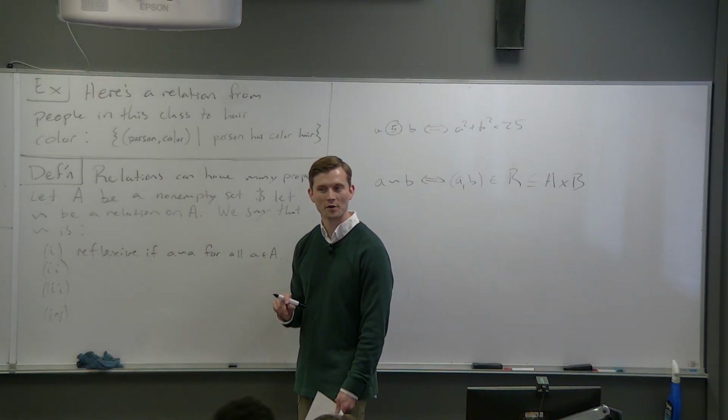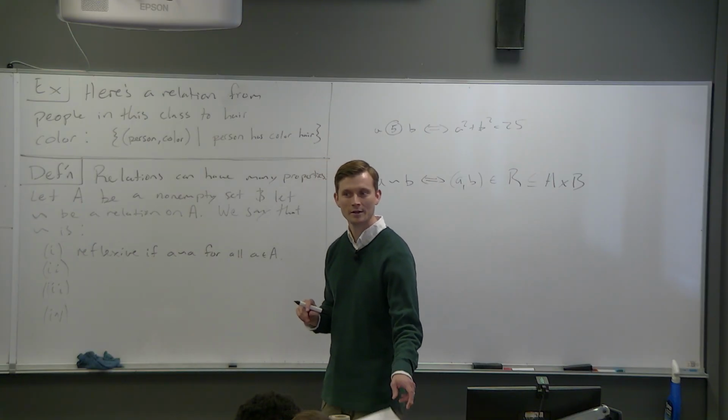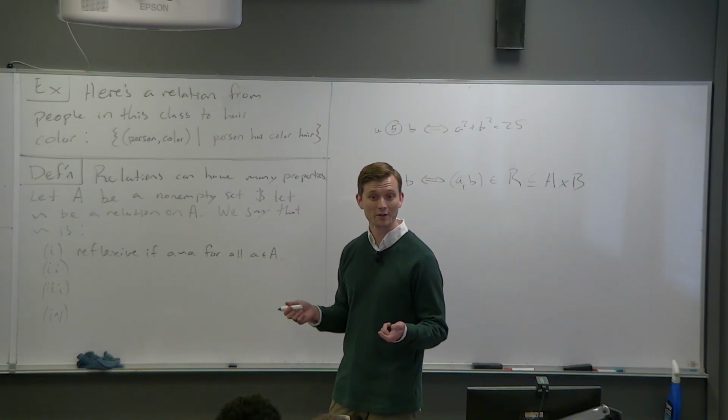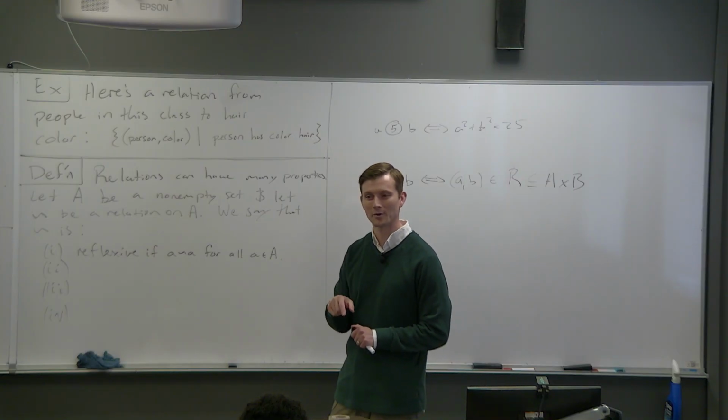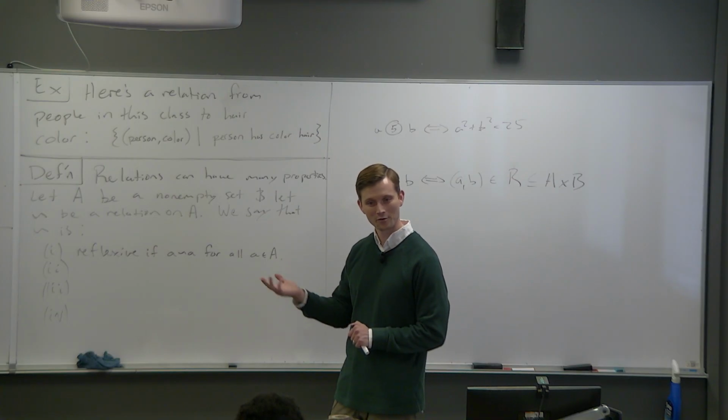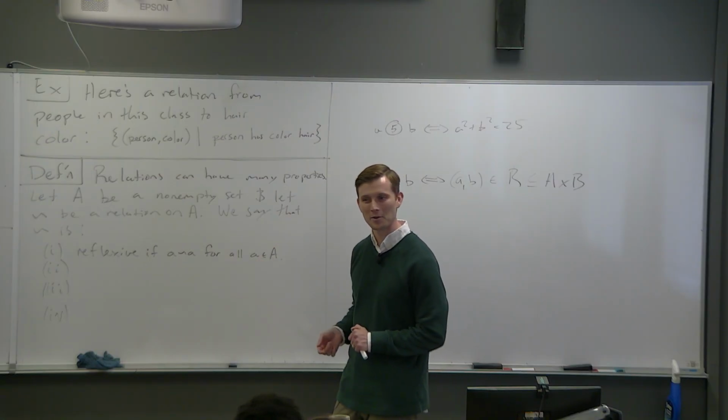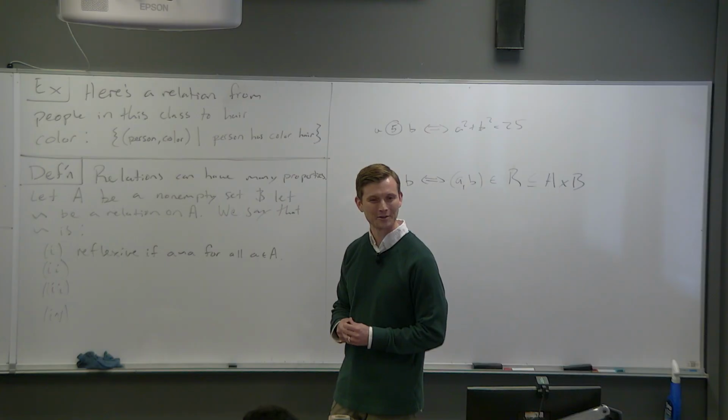What's an example of a reflexive relation? Equal sign. Yeah, regular old equal sign. What about the less than or equal to sign? Yeah, that's also reflexive. What about the containment symbol from subsets? Reflexive, right? Many common relations you encounter are reflexive.